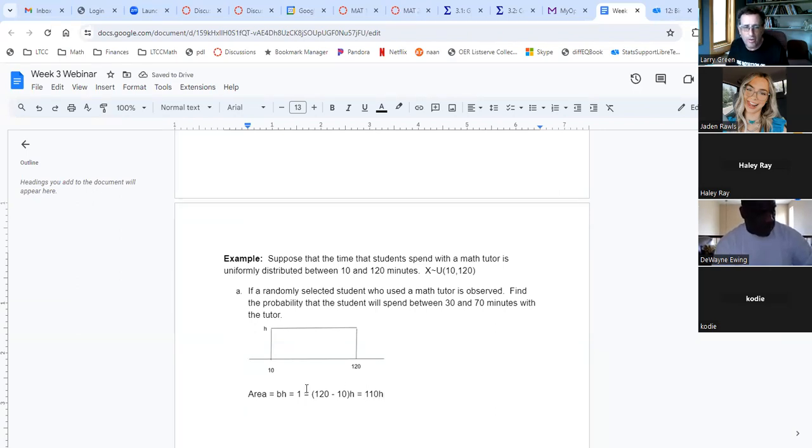Okay, so if we know that 1 equals 110 times h, how do we find h? Very basic algebra. How do we find h?